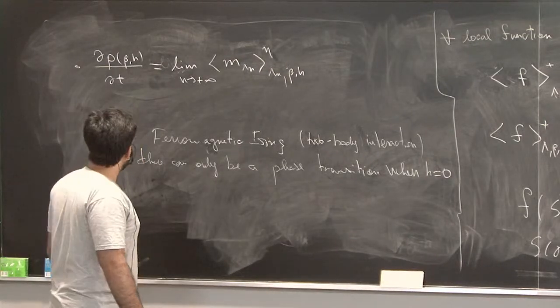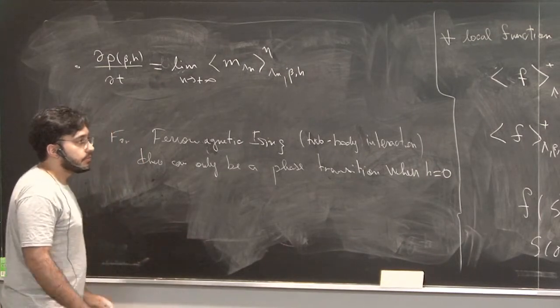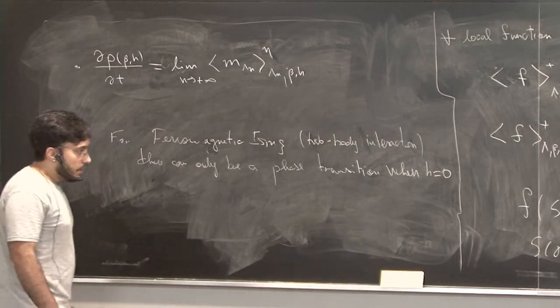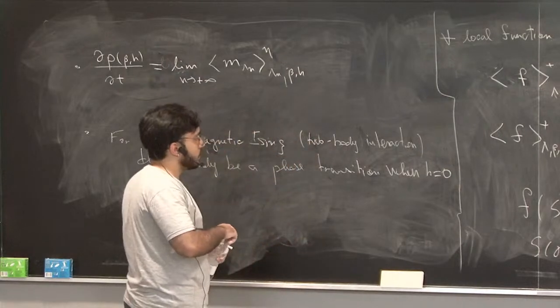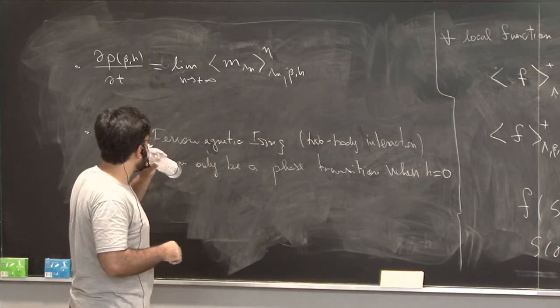We will study the case h equals 0 next week, when we study something called the Peierls argument.